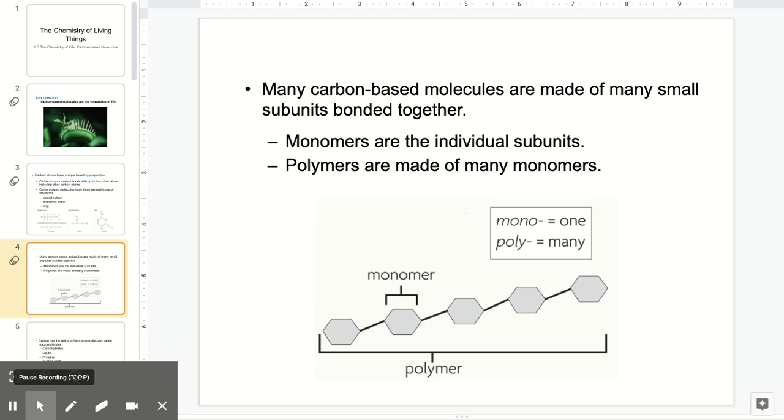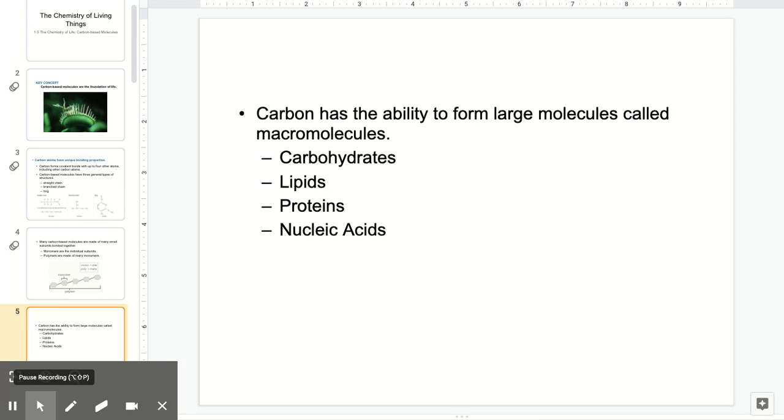So with that, we have four groups of what we call biological macromolecules or biomolecules or carbon-based molecules. So all those words mean the same thing. I know that's a little bit complicated, but anytime you see carbon, automatically start thinking about the big molecules, the macromolecules that make up living things.